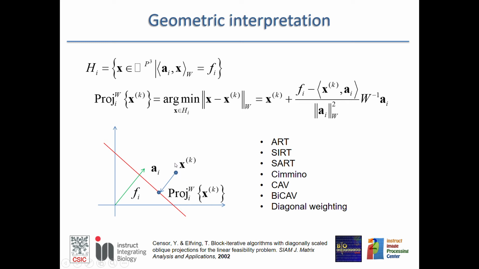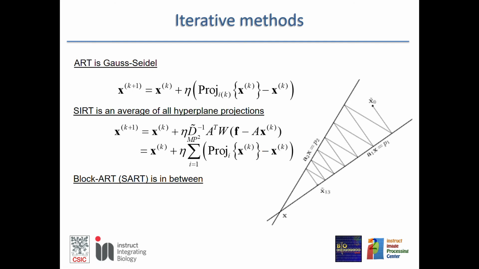So all these iterative algorithms can be thought of as successively projecting the current guess of the volume onto some hyperplanes. Okay, and then you would have this kind of plots where this is the right structure, and you are successively projecting your volume onto the hyperplanes defined by the different pixels, and then you would converge to the right structure.